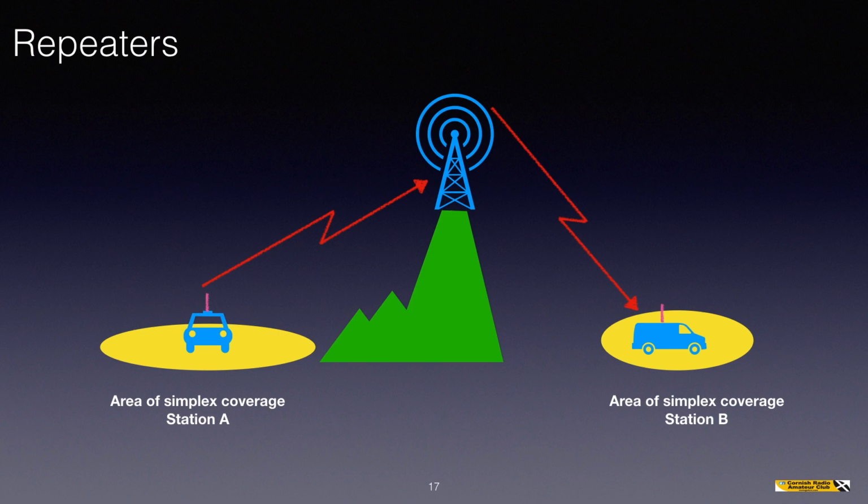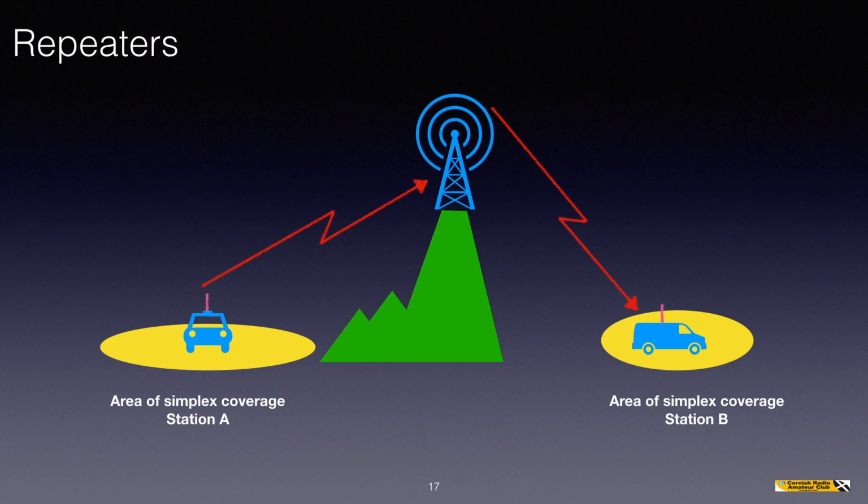So here we have an example of a hill with a repeater on the top, and it allows station A, whose normal point-to-point or simplex coverage would be the yellow circle around station A, to talk to the van shown as B, which is on the other side of the hill. And because they don't have overlapping simplex coverage, they wouldn't normally be able to communicate with each other.